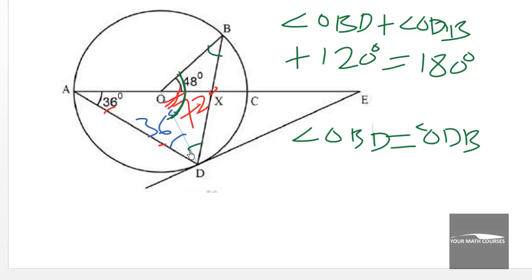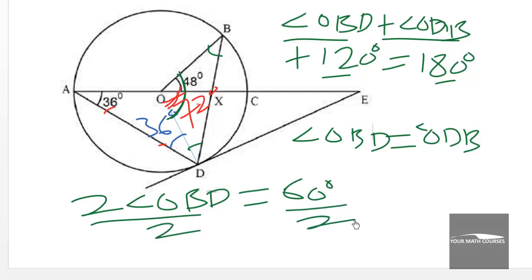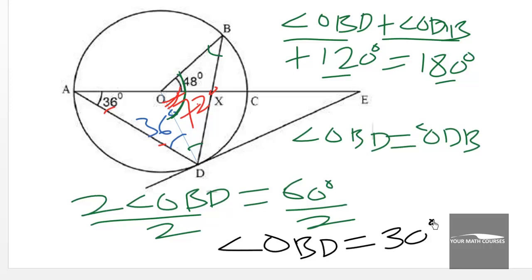So we get angle OBD plus angle OBD, which is 2 times angle OBD, to be equal to 180 minus 120, which is 60 degrees. So dividing through by 2, we obtain angle OBD to be equal to 30 degrees.